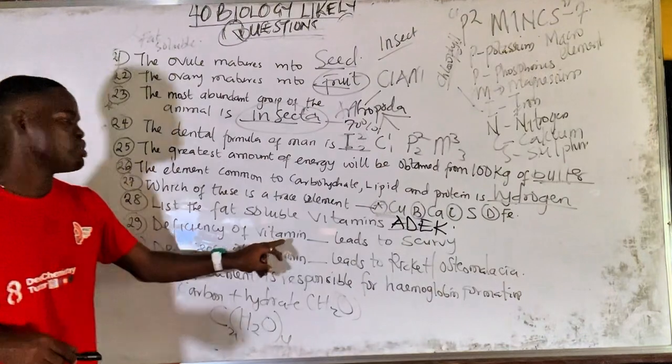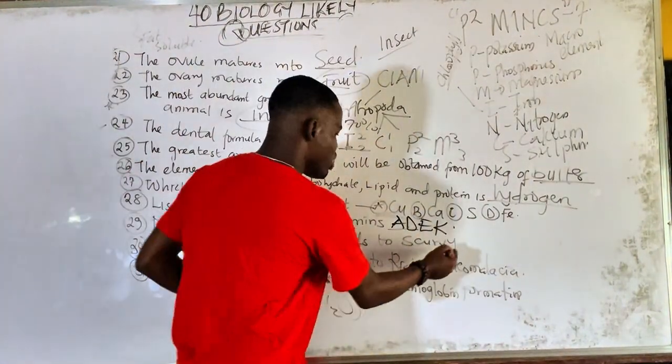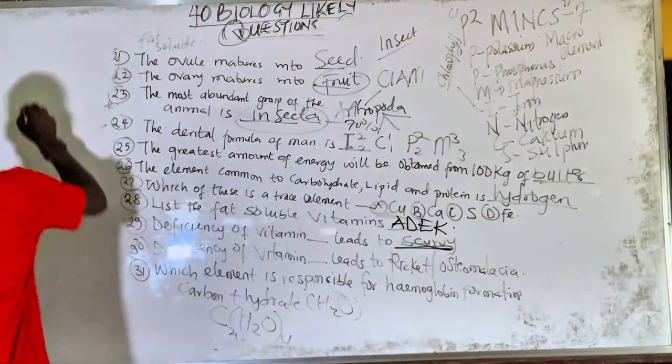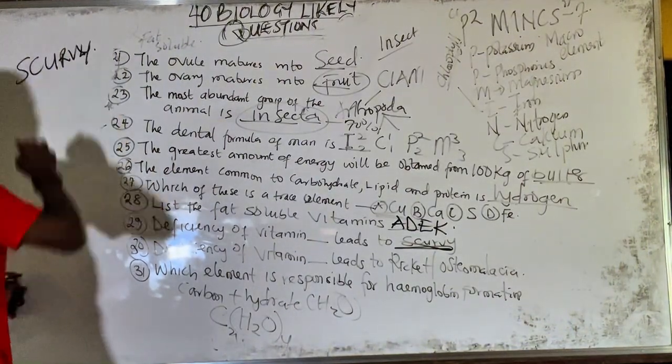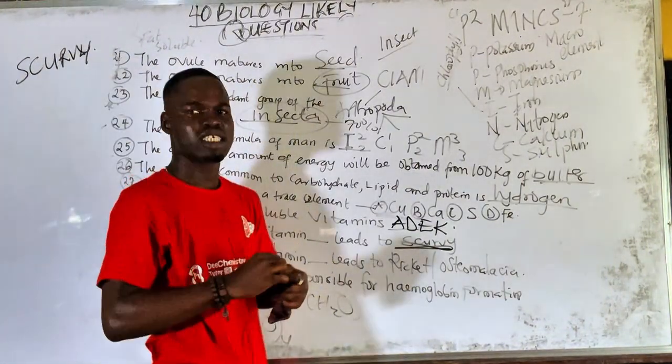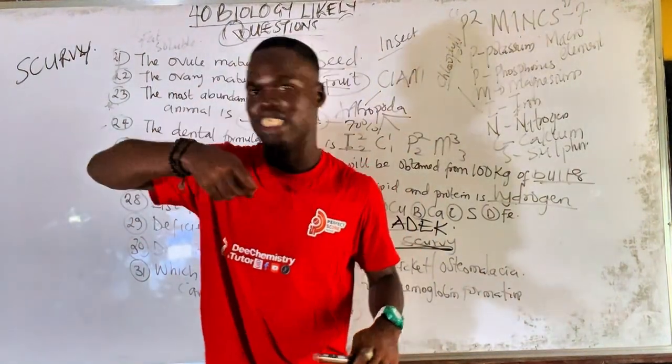So, deficiency of vitamin dash leads to scurvy. Don't ever miss this question. The way I used to know this is the connective tissues in the teeth.